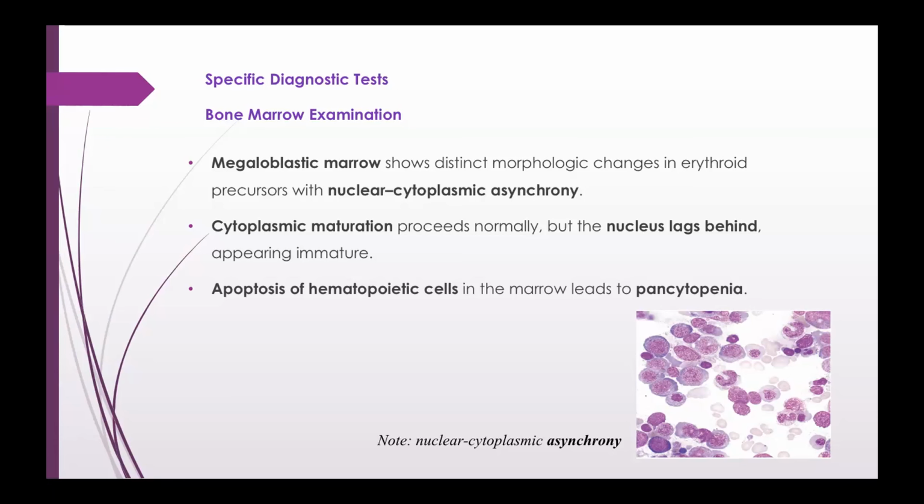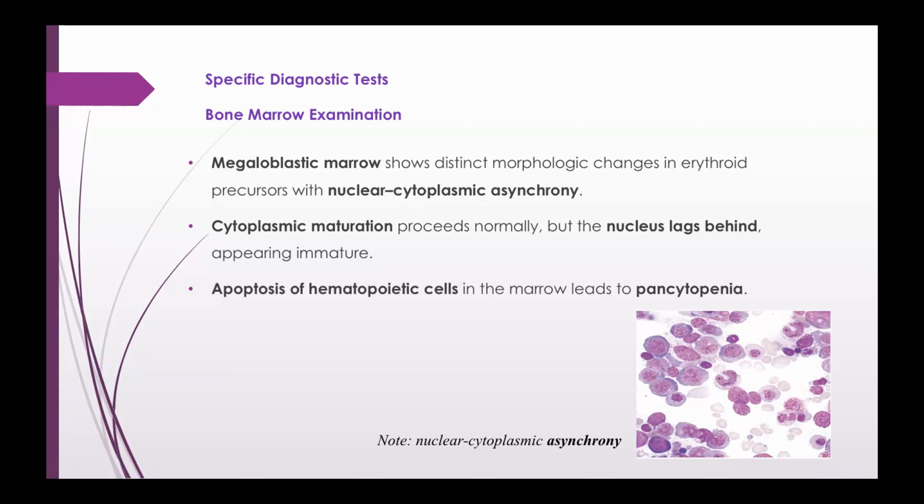Asynchrony means an imbalance in growth, in maturation. The nucleus will not mature, the cytoplasm will mature alone. And this is what you call asynchrony. So the nucleus will lag behind the cytoplasm because of impaired DNA synthesis. It will take a long time for the nucleus to grow.